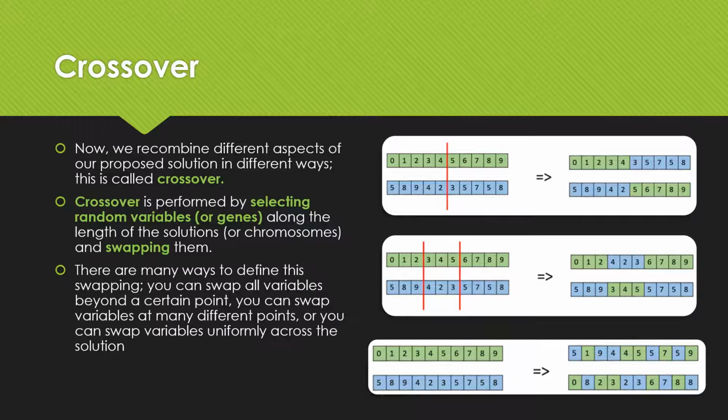Once you have a pool of solutions, the algorithm then proceeds to creating new solutions based off that pool in a process called crossover. And this is essentially like the reproductive aspect of the analogy, where you use those initial solutions, which we'll call parents, to create new solutions, which we'll call children. If you look at these pictures on the right, you'll see that there are many different ways in which you can create the children.